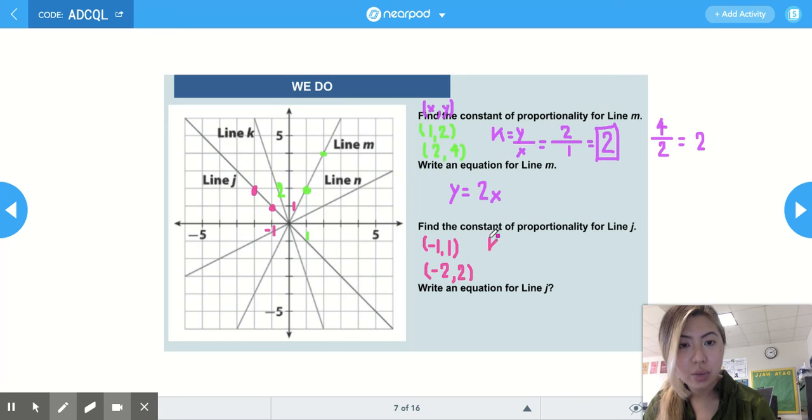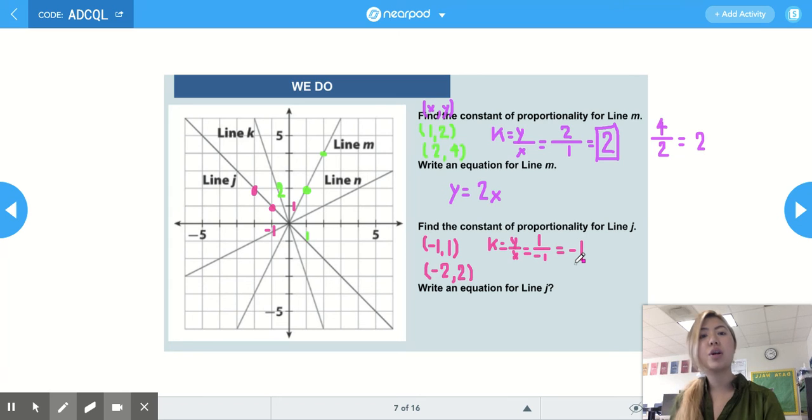And so again, we're using the equation k is equal to y over x. Our y value for -1, 1 is +1. Our x value is -1. +1 divided by -1 is -1.